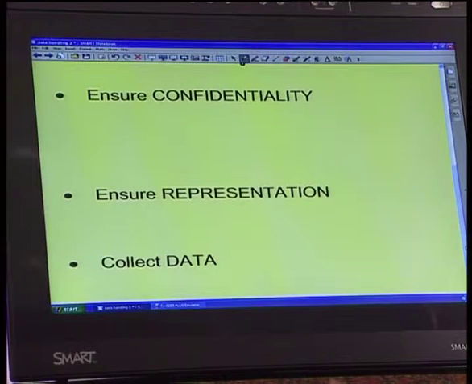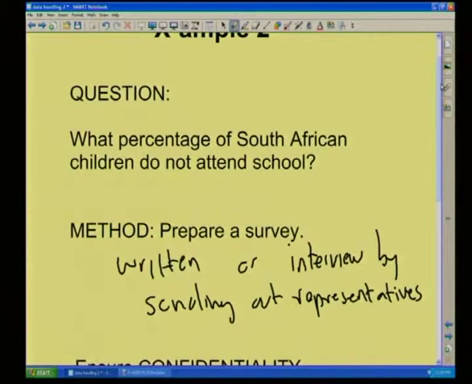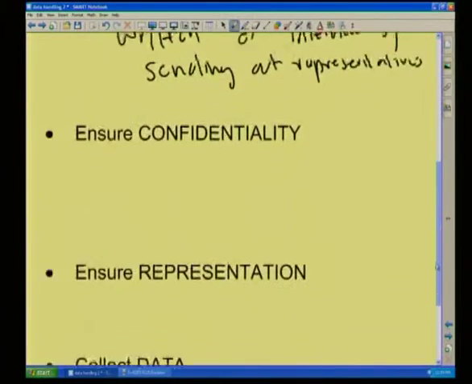Thirdly, ensuring representation. Now remember, we've got a specific question here. So how would we ensure representation for this question that we asked? What percentage of South African children do not attend school? Now, to ensure representation, we would have to go and ask children this question.